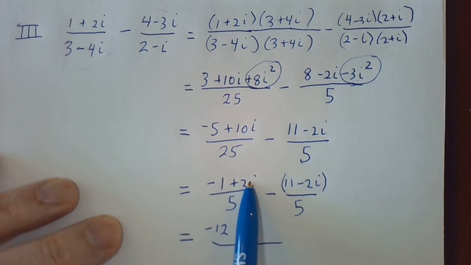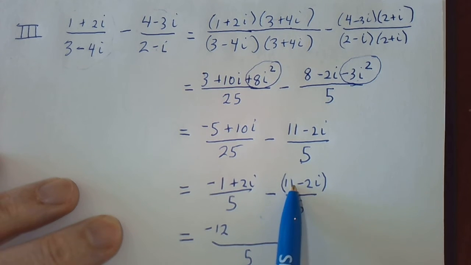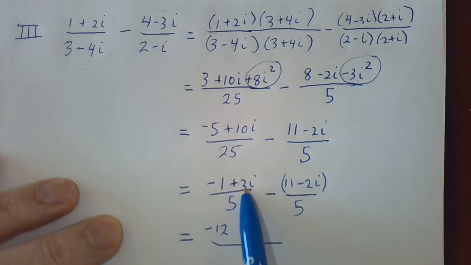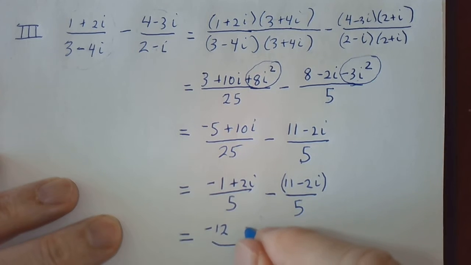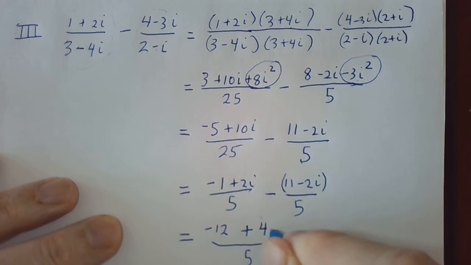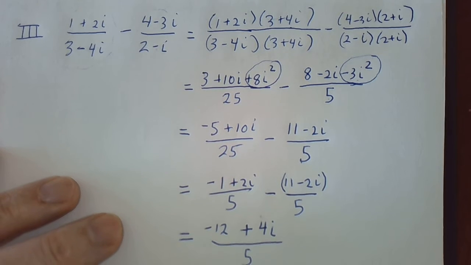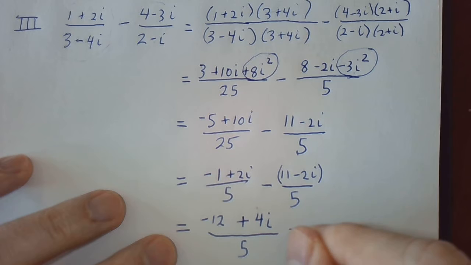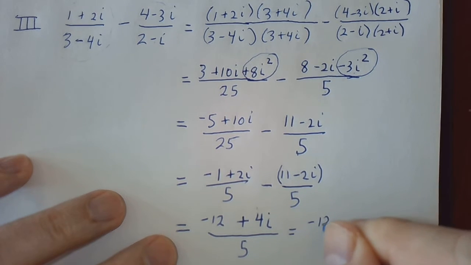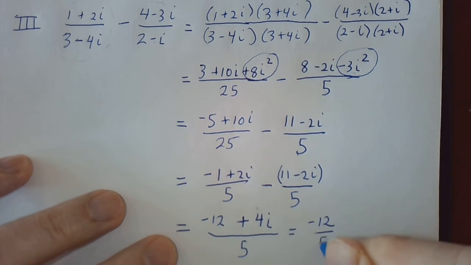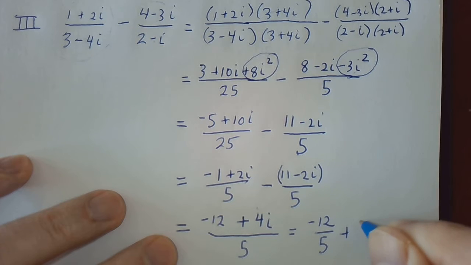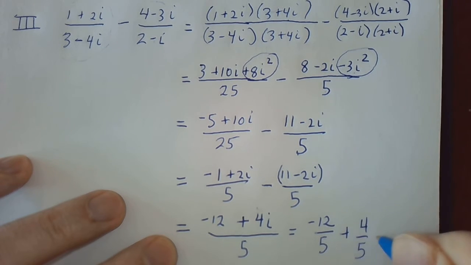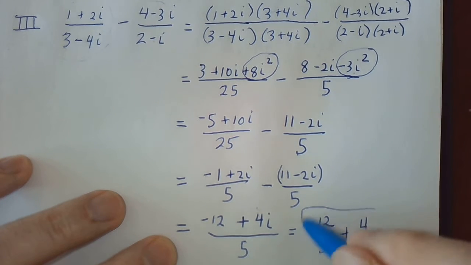And then I have a 2i minus a negative 2i, that's 2i plus 2i. And to write this in the proper form, this is very close because we're dividing by a real number, but let's make that negative 12 over 5 plus 4 over 5 i.